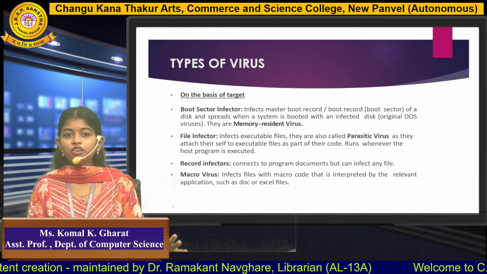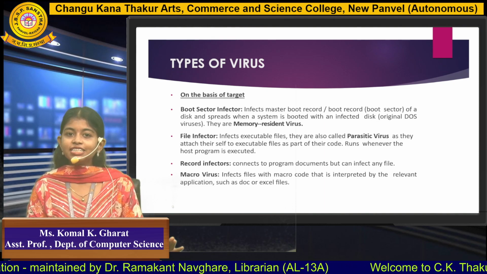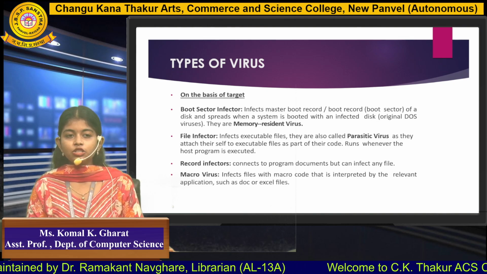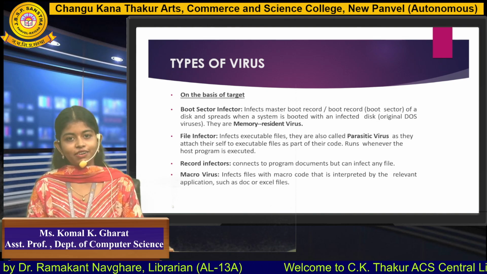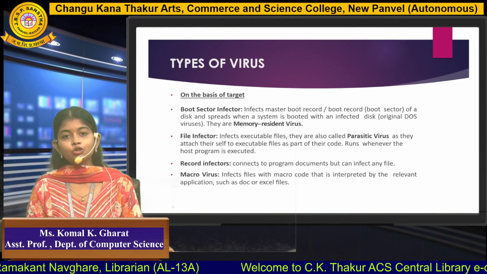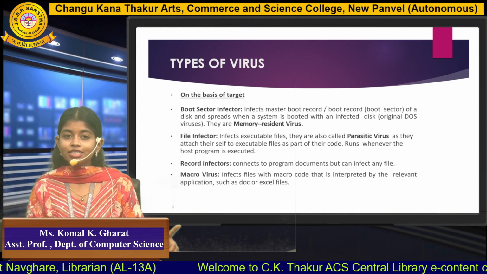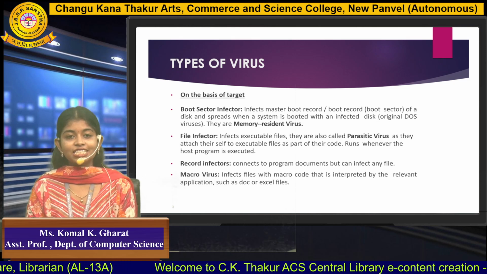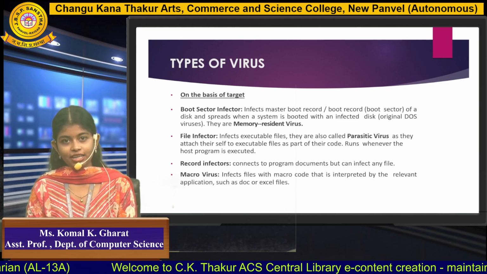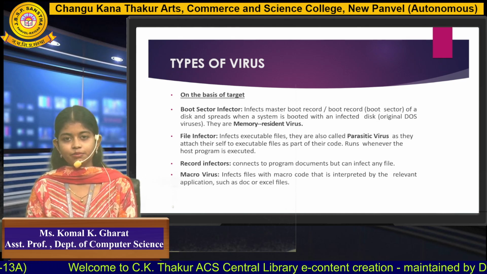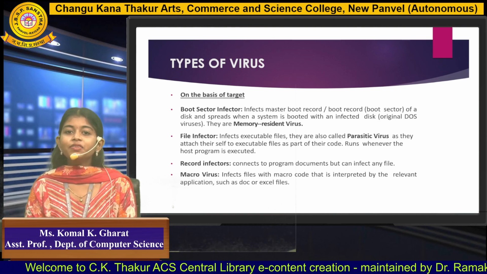Second virus is the file infector, which infects executable files. So any application requires executable files to run on the system. So this virus attaches itself to this executable file and spreads in the system. How does this spread in the system?